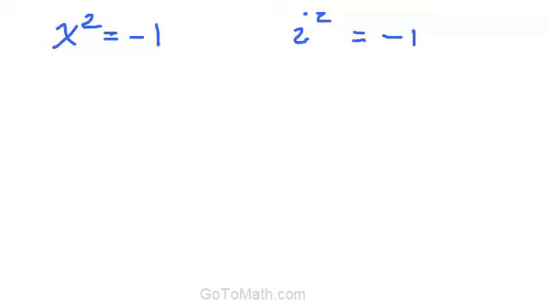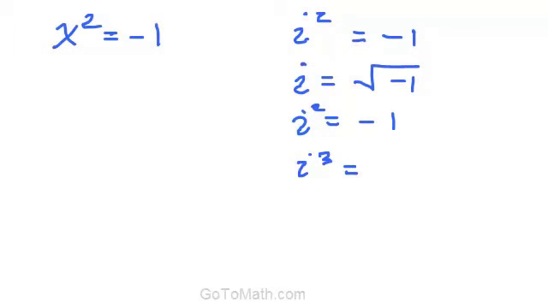Now here's something we're going to need to know. First off, i is equal to the square root of negative 1, and i squared is equal to negative 1. What about i cubed? Well, let's take a look at that over here.